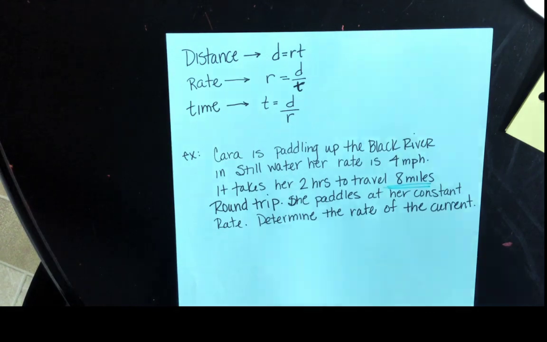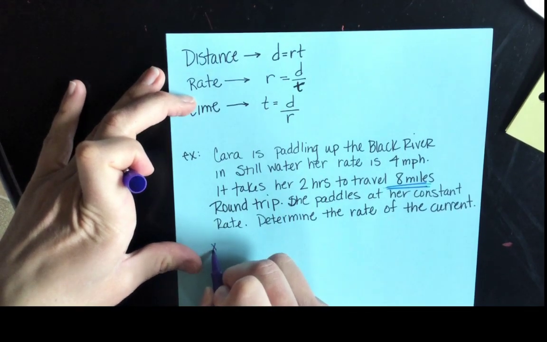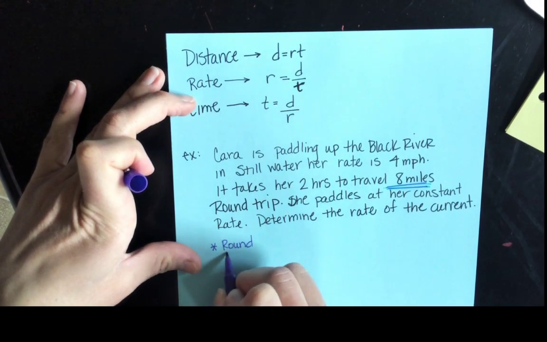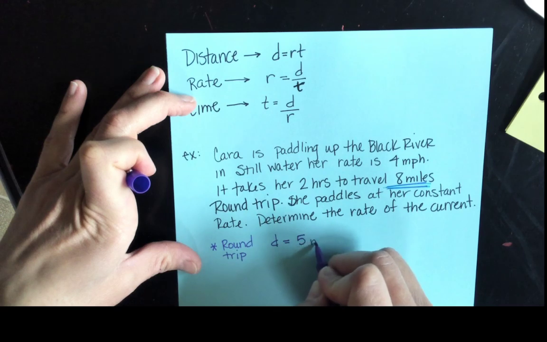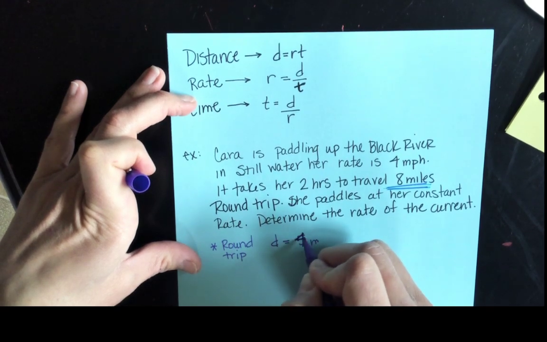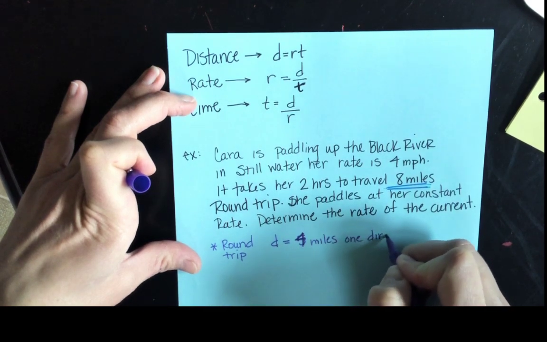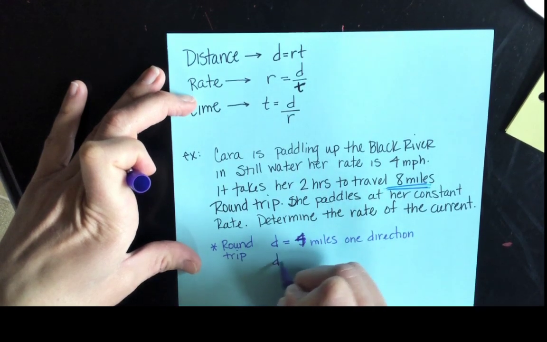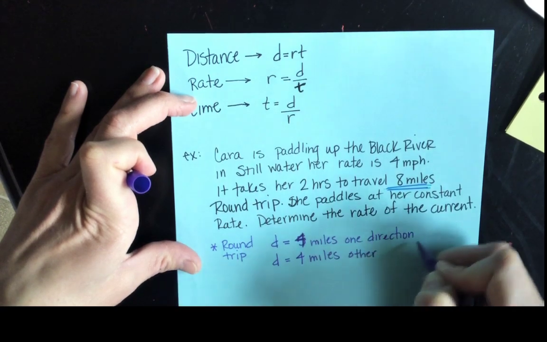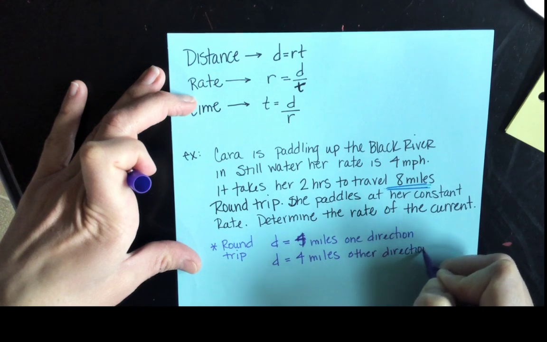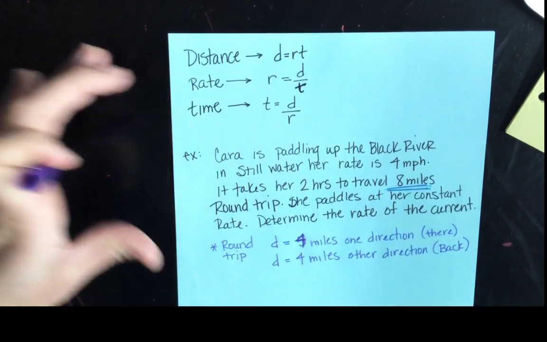So what we could talk about is, with this total distance of 8 miles, because this is round trip, we know that distance is 4 miles in one direction, and distance is 4 miles in the other direction, so traveling there and back. So we do know what distance is.